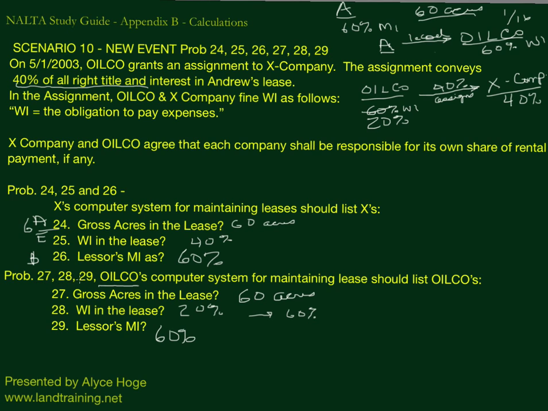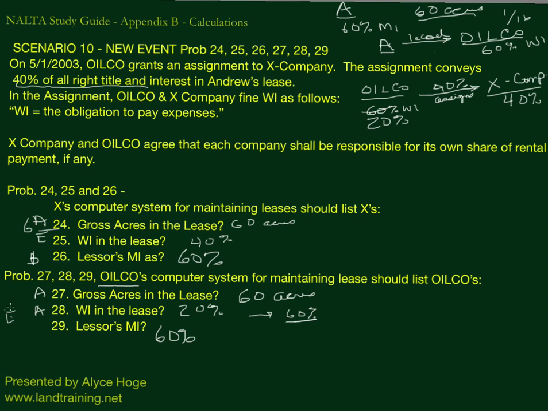Now, problems 27, 28, and 29 have to do with Oilco. So problem 27 is 60 acres. That is A. Problem 28, the answer they have is A, which is this 60%. I really think the answer should be E because 20% isn't listed.